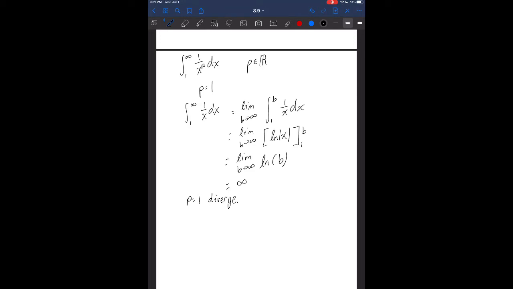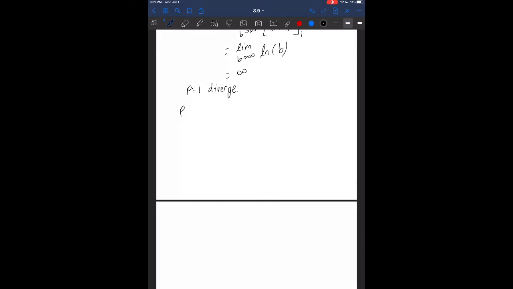Okay, so what about other p values we might be interested in? So p not equal to 1. And in this case, we have the integral from 1 to infinity of 1 over x to the p, right? Rewriting this as a limit as b goes to infinity of the integral from 1 to b, don't forget your dx, of 1 over x to the p dx.